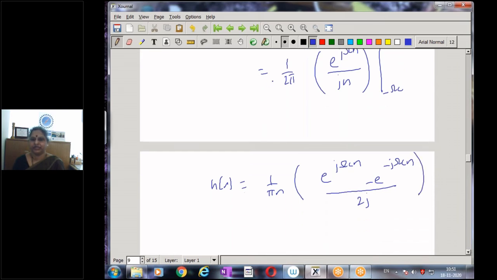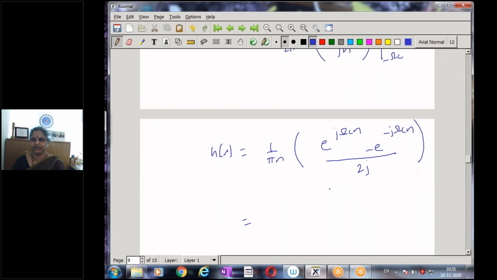So I have a 2 here, and pi and n remain here, and this quantity within the bracket we can immediately recognize as sine omega c n. I multiply and divide by omega c, so I have sine omega c n over pi n, multiplied and divided by omega c.